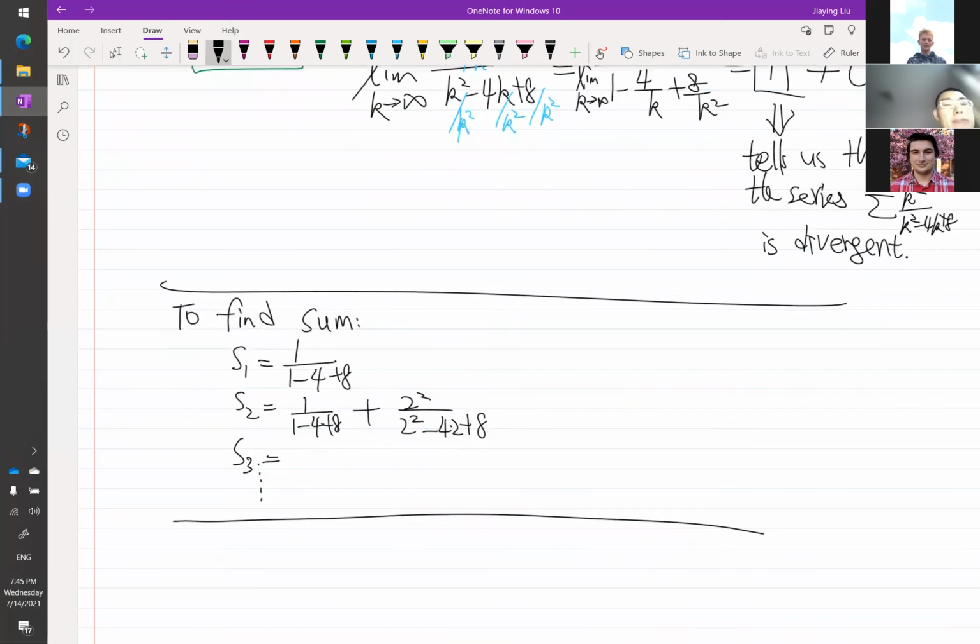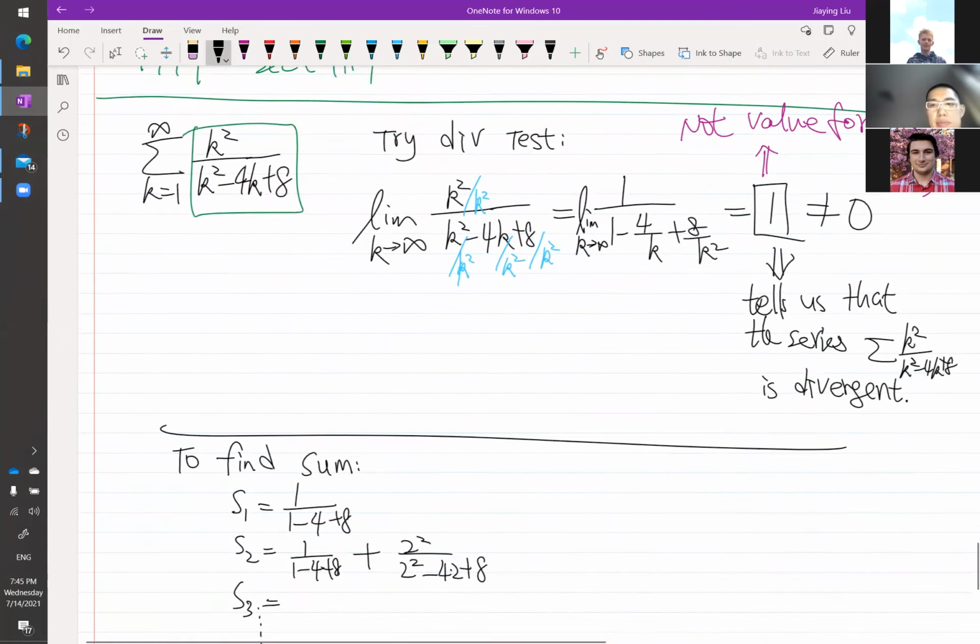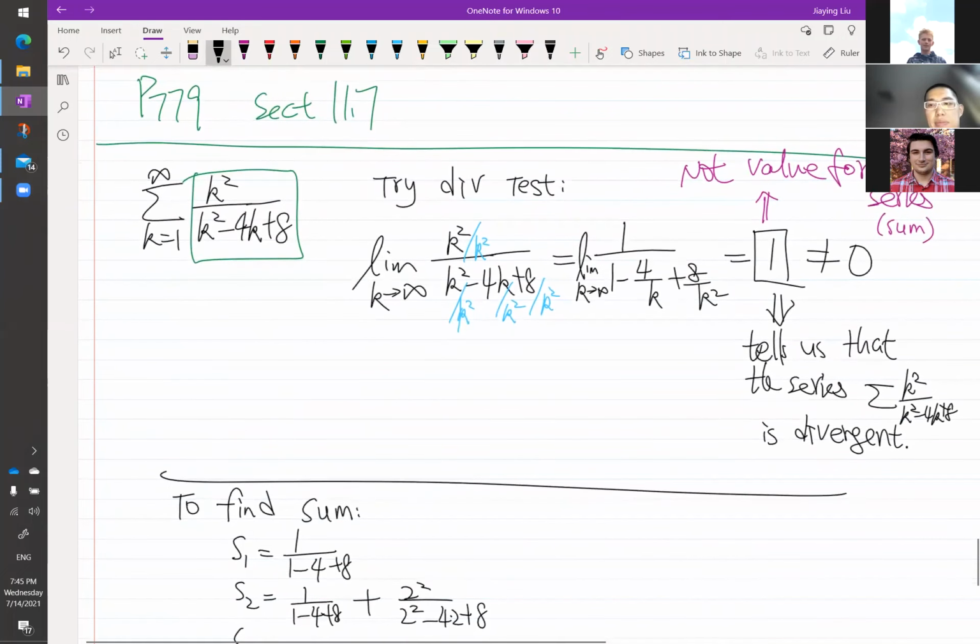Okay. So the answer you got is divergent because it's anything except 0, or is it anything greater than 0? That's telling us it's divergent. Anything except 0. Yeah. If it's not 0, then it's divergent.